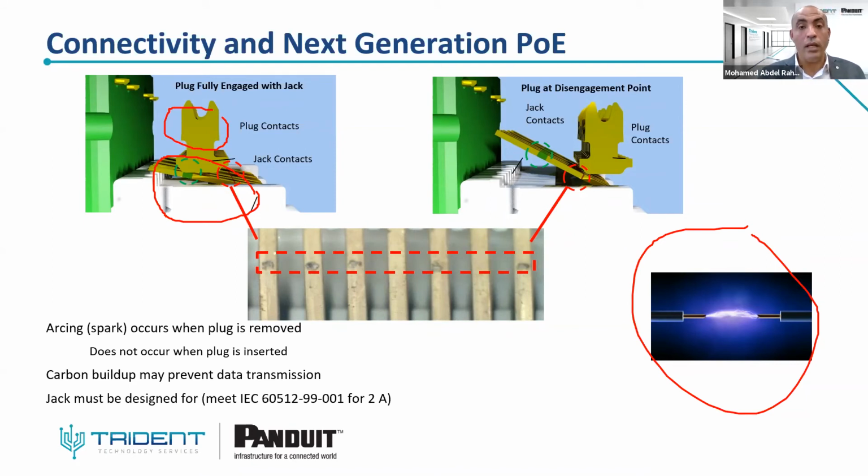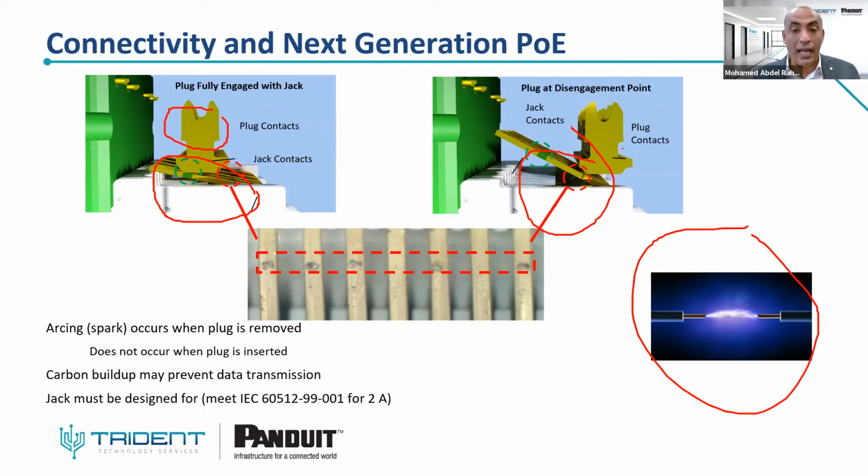So the best way to avoid this arcing or spark is to turn off the POE device, the switch, before disconnecting the cable from the jack, which is not practical. So in bandwidth, we have our jack. We made some modifications and design changes so that the spark happens away from the receiving point or connection between the jack and the plug.